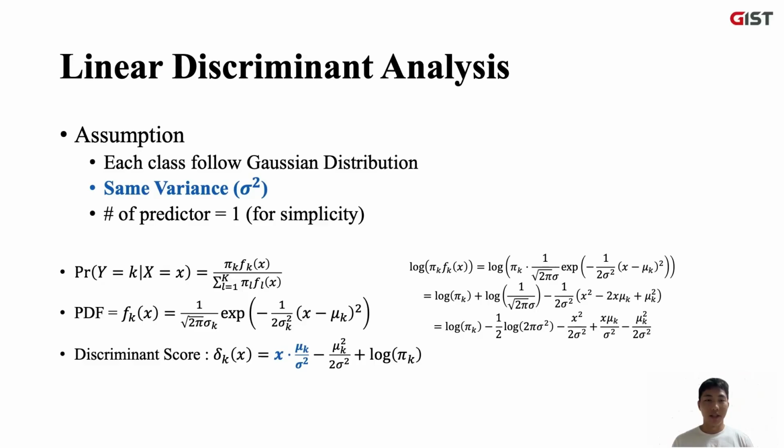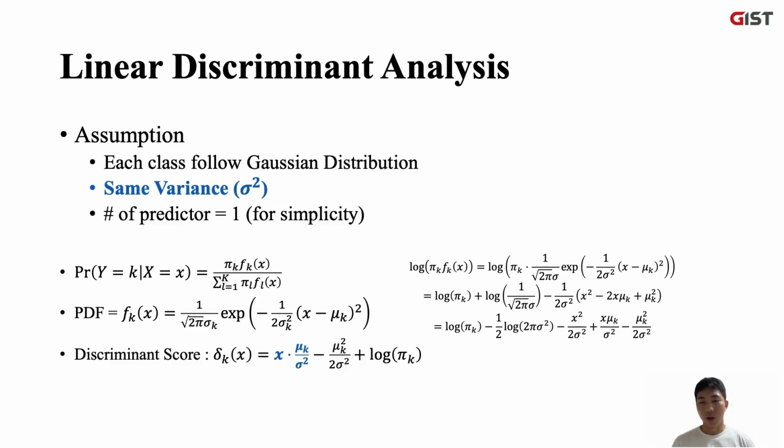First, LDA is based on a few key assumptions. The first is that the distribution of the data X for each class follows a Gaussian distribution. And this next part is the most critical assumption for LDA. We assume that the variance sigma squared is the same for every class. This is precisely what makes the decision boundary linear.